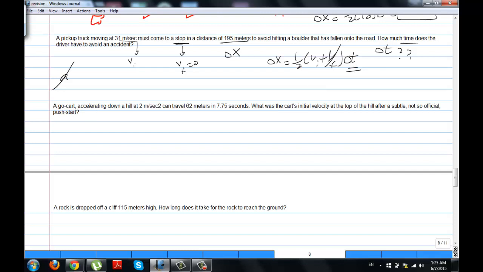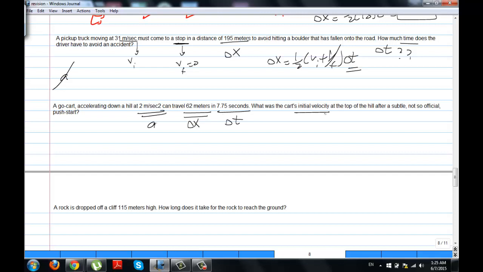A go-kart accelerating down a hill at 2 meters per second squared, which means that this is the acceleration. It travels 62 meters, which is the displacement, in 7.75 seconds, which is the delta t.